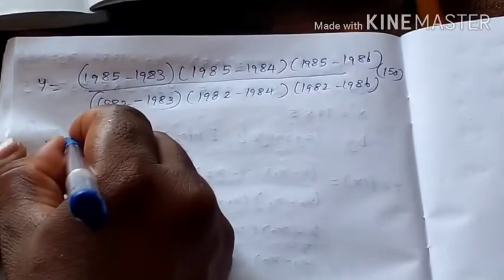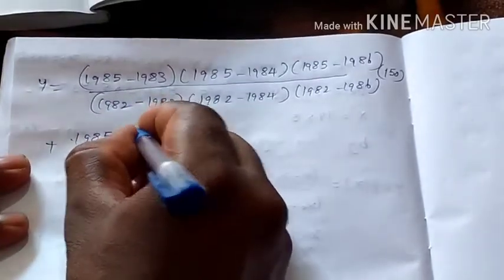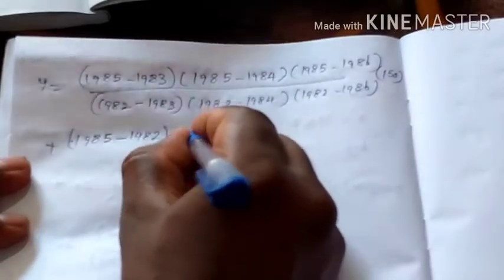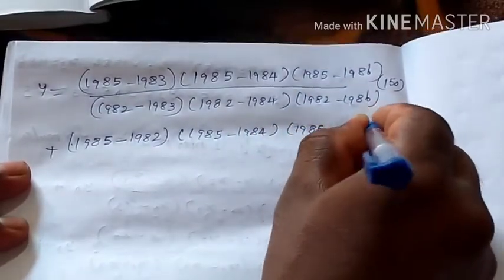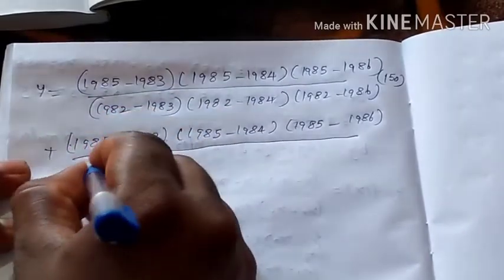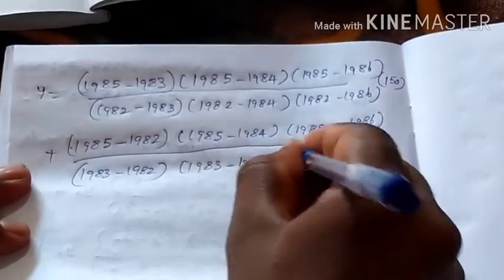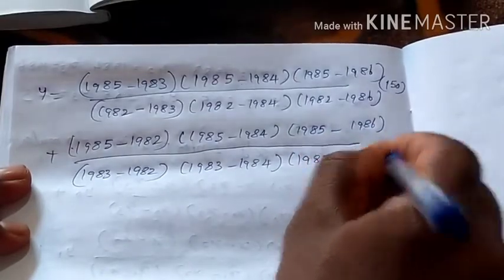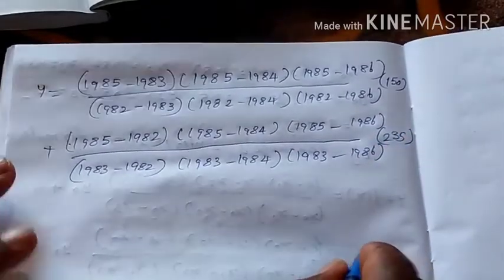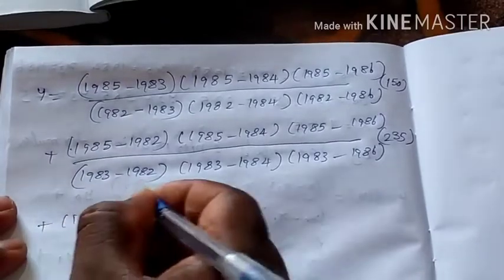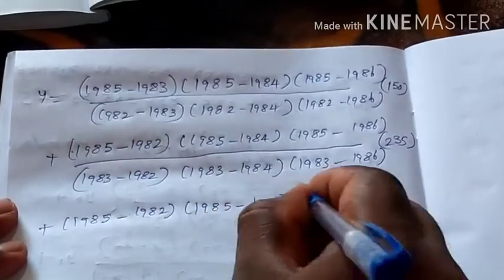Then plus the x1 terms: (1985 minus 1982)(1985 minus 1984)(1985 minus 1986) whole divided by (1983 minus 1982)(1983 minus 1984)(1983 minus 1986), into y1 value 235.